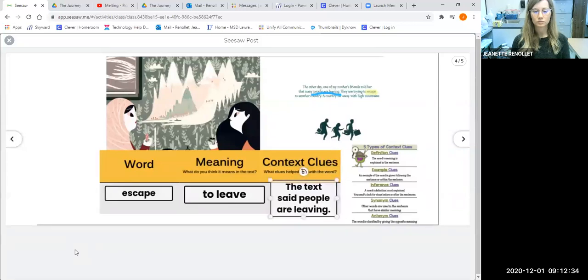This illustration helped me think about the meaning of the word escape. These people look like they're leaving with all of their belongings. I have just shown you how you can use words and pictures to determine the meaning of an unknown word.